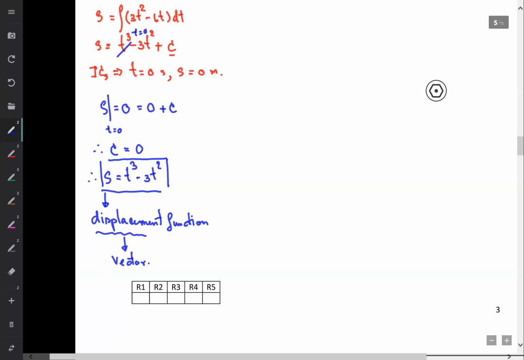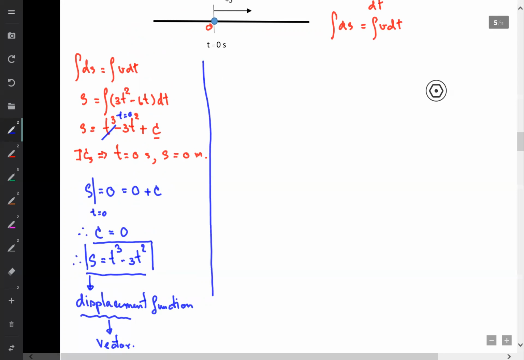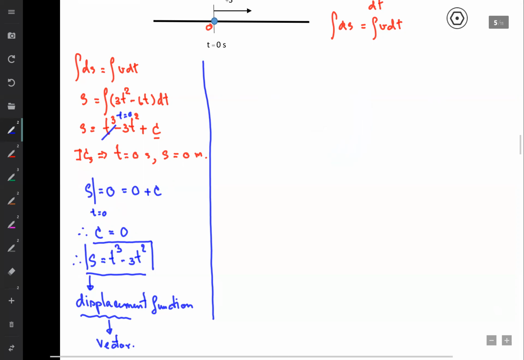It is the shortest distance in the time interval. But in this problem we have to find the distance that the particle travels in 3.5 seconds.